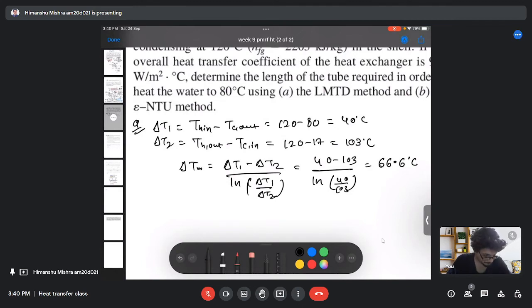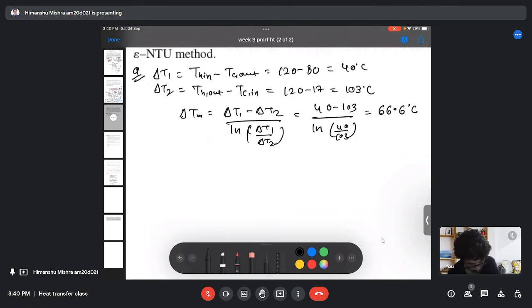Having found it, we begin to find the dimensions of the heat exchanger. To find the dimension, we will use this expression. Last week we used this expression to find the area or the length. We are given the overall heat transfer coefficient, and we already found the log mean temperature difference, 66.6, but we don't know the heat transfer rate.